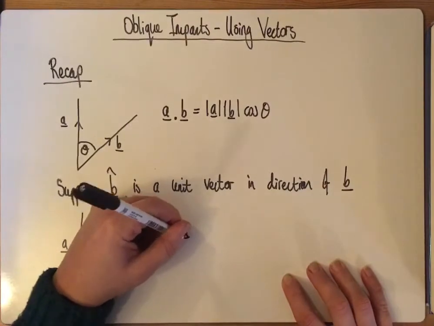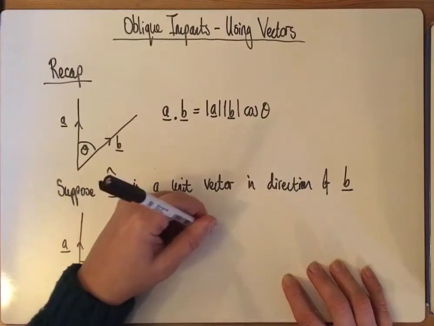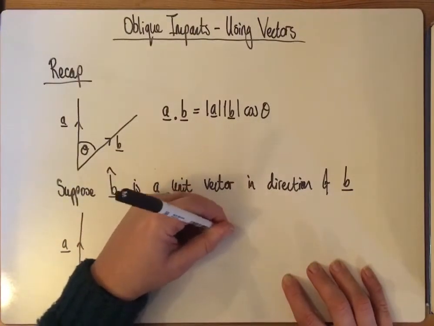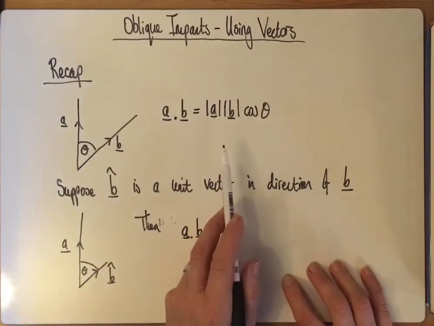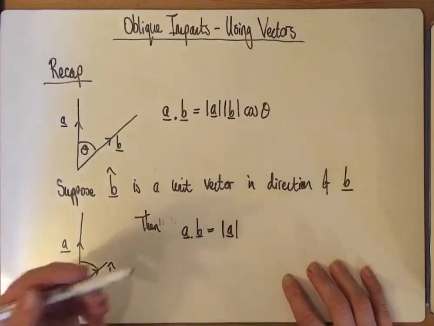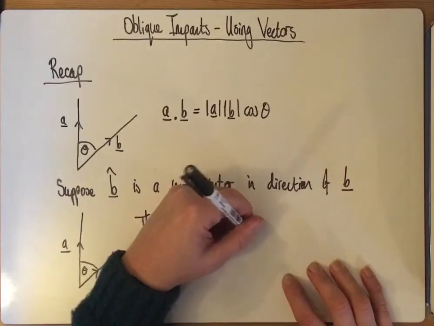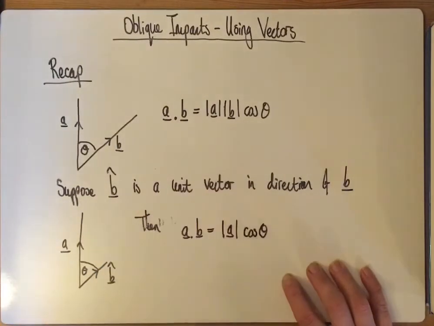A dotted with B is equal to the modulus of A. The modulus of B is going to equal 1 because it's a unit vector. So A dotted with B is the modulus of A cos theta.